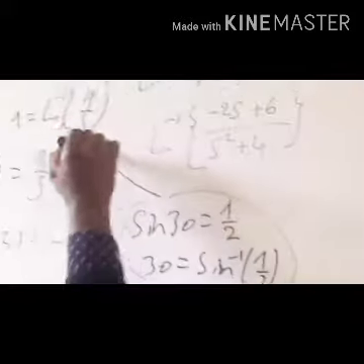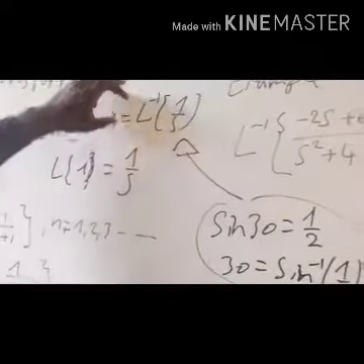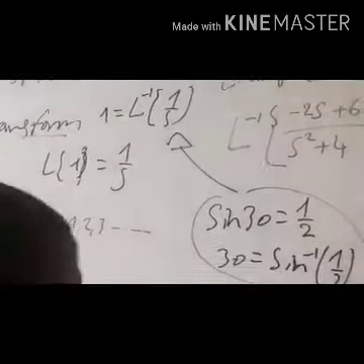It looks the same here. Since the transform of 1 is 1 over s, we calculate that 1 is equal to the inverse Laplace transform of 1 over s. This is your solution here.